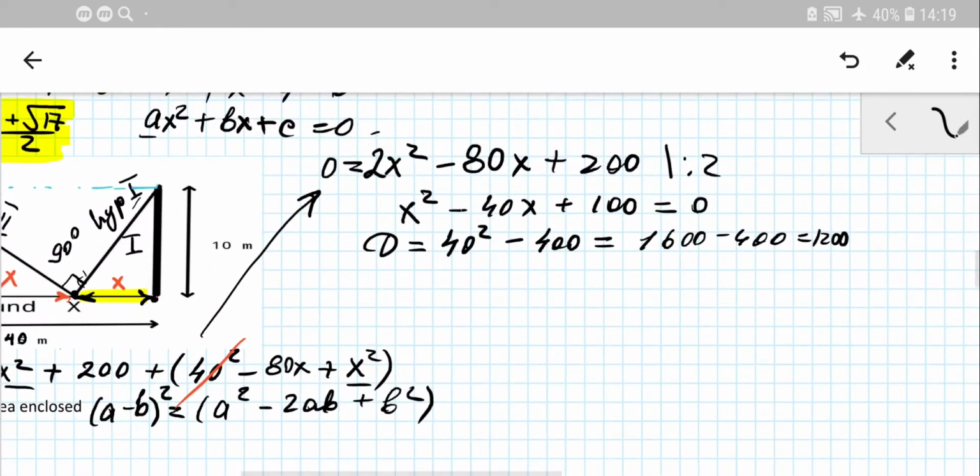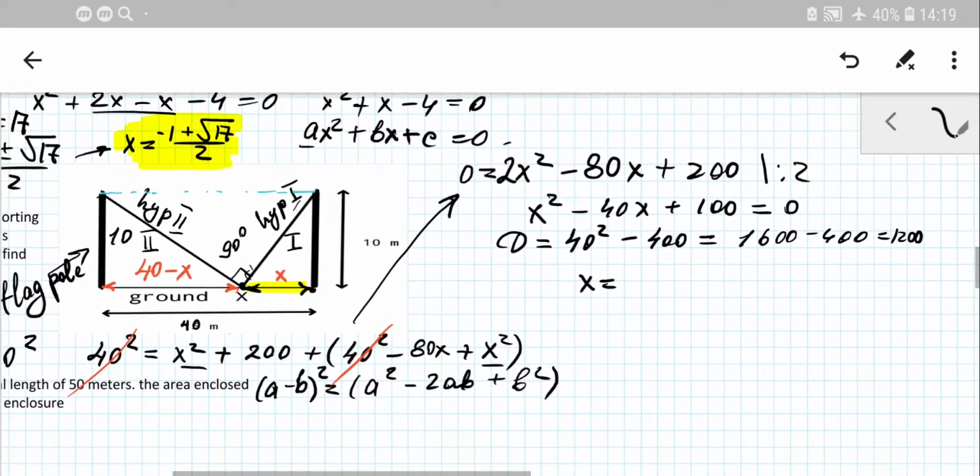From there I can set up the equation for x: x equals 80 plus or minus the square root of the discriminant, square root of 1200, over 2.